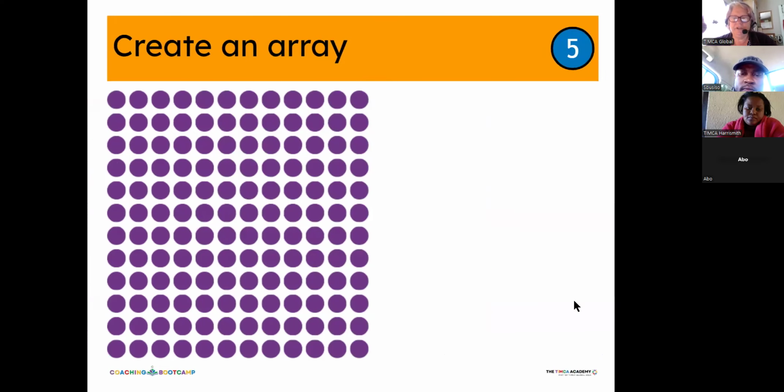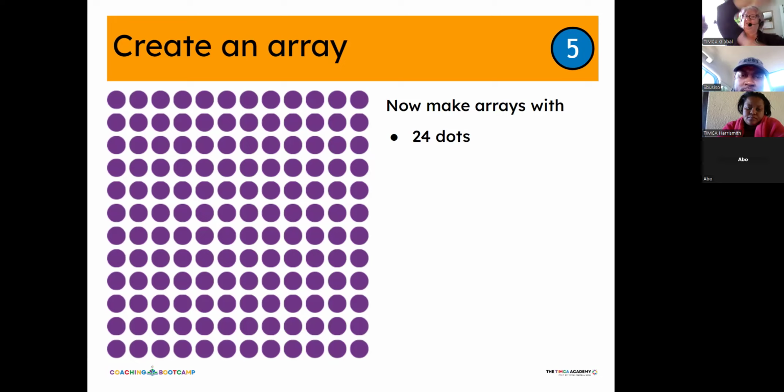All right. So still continuing with this idea of using this big 12 by 12 array, we can now extend it by asking them not to create a number of rows and columns. Now we're asking them to think about, oh my gosh, use 24 dots and make your own array that's got 24 dots in it.